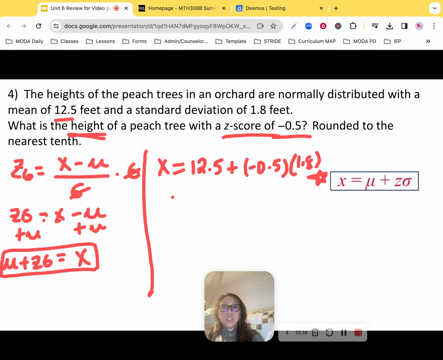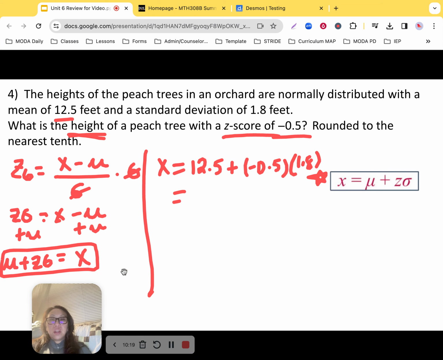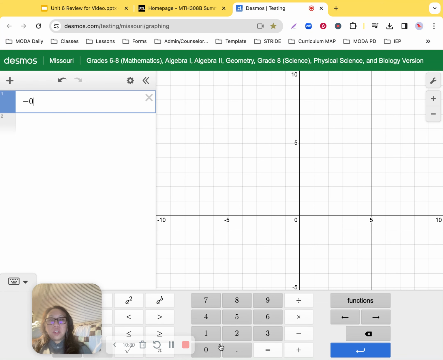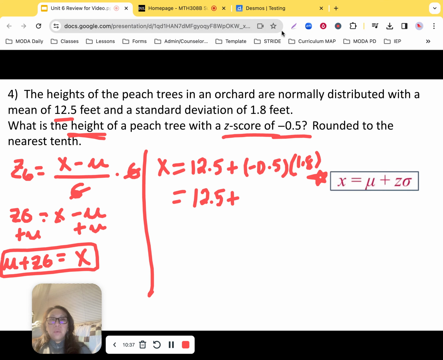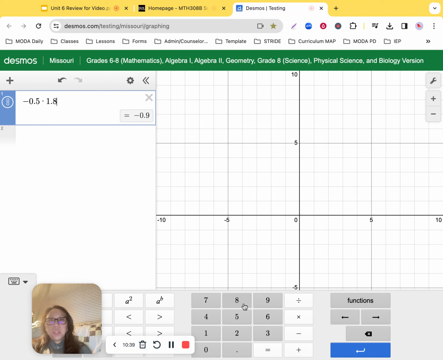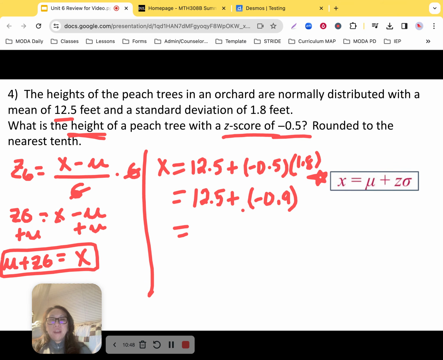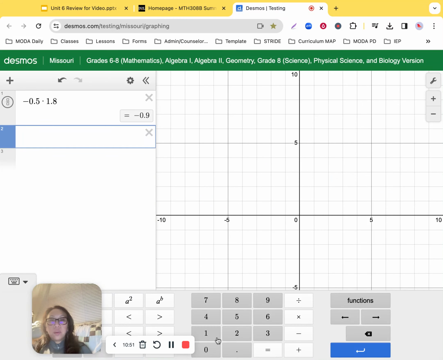So then we can just do the math here. 12.5 plus, we're going to use our decimals, negative 0.5 times 1.8, we get negative 0.9. So 12.5 plus negative 0.9, or just minus 0.9, you'll get 11.6.